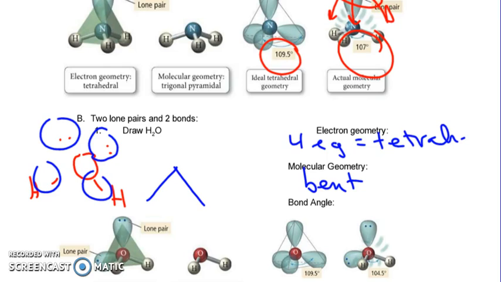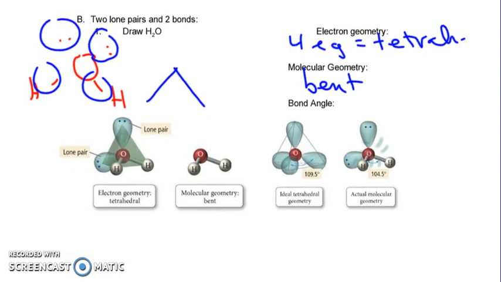So the shape of water is bent, and that's huge when you want to talk about its structure and its function. Once again, here is my tetrahedral geometry with 109.5, but now we have 2 lone pairs. So what are those 2 lone pairs doing?